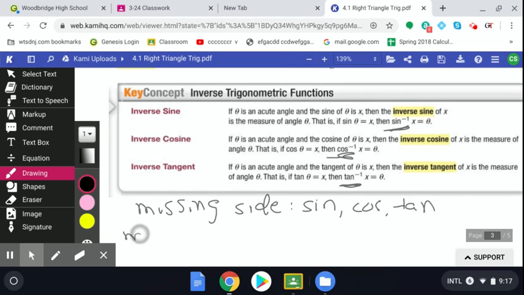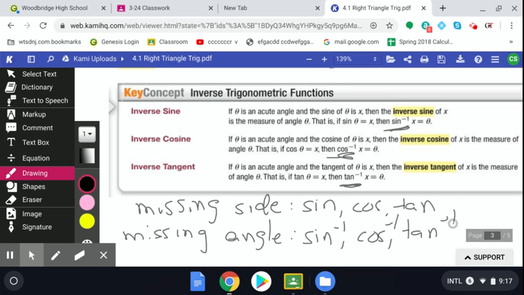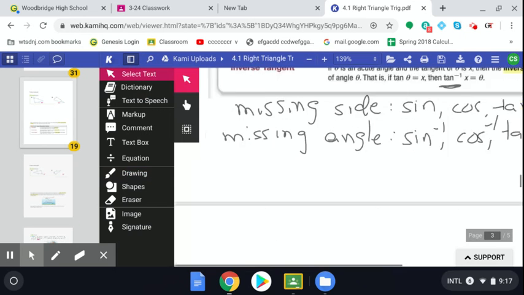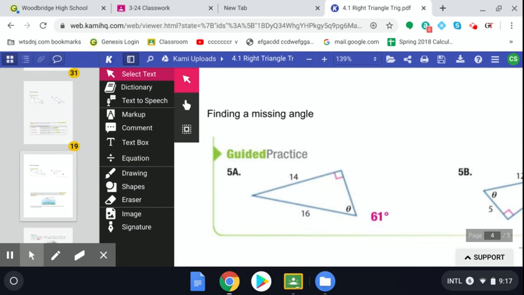If you're looking for a missing angle, then you need to use inverse sine, inverse cosine, inverse tangent. Okay? So let's look at some examples.